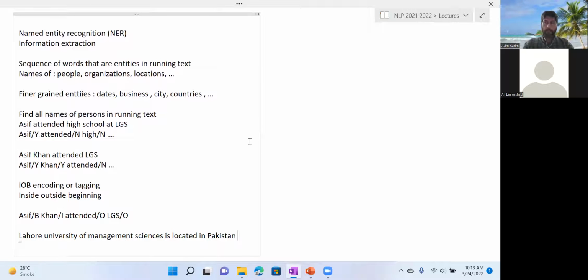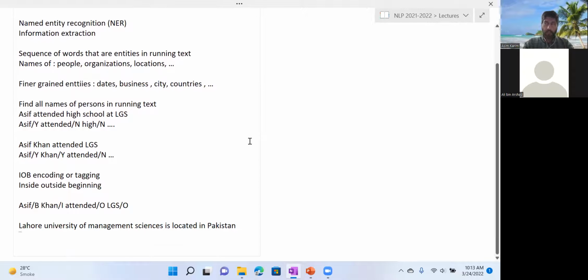Okay, so let's say now we are tagging organizations. Then this would be Lahore, beginning. University, this would be I. Of, this is again I, so the same entity is continuing.